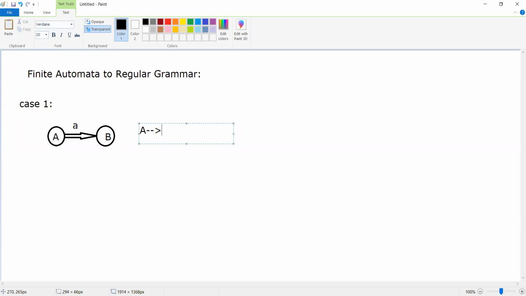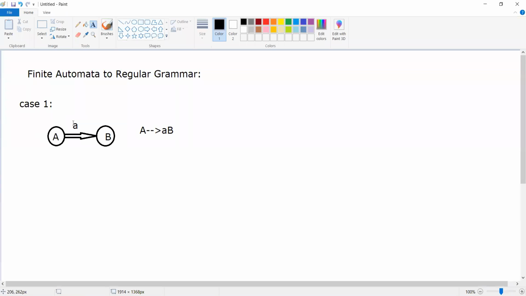And what is the terminal? We have a transition from capital A to capital B by reading small a, so the production is A to small a capital B. This is how we convert the given finite automata into the corresponding regular grammar. So this is our case one.